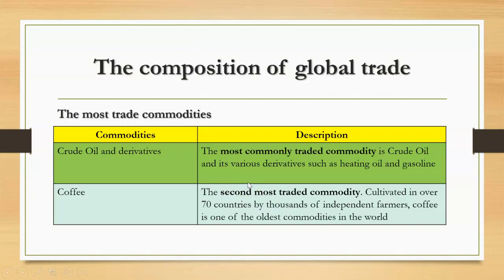Okay, next small part, as I've mentioned in the beginning of this video, is the composition of global trade. For exam purposes, we only need to know a few things. Number one, we need to know what is the most traded commodity. Crude oil.